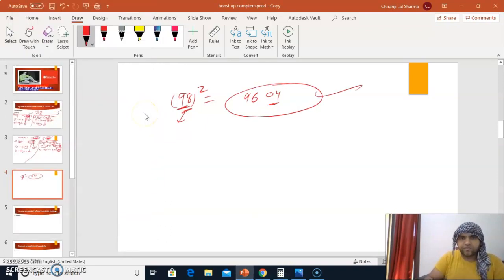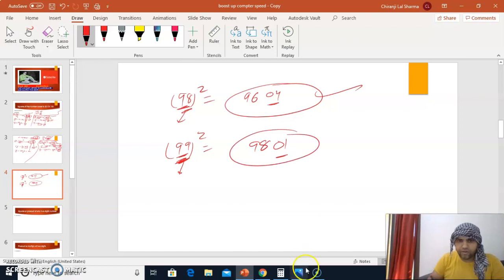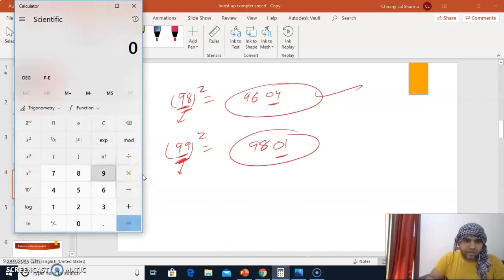See, it is the same. Another example you can take, suppose you are taking the square of 99. It is 1 less than 100, so the square of 1 is 01, and subtract 1 from this 99, you will get 98. So this is the square of 99. You can check it again, 99 times 99, it will give you the same number.